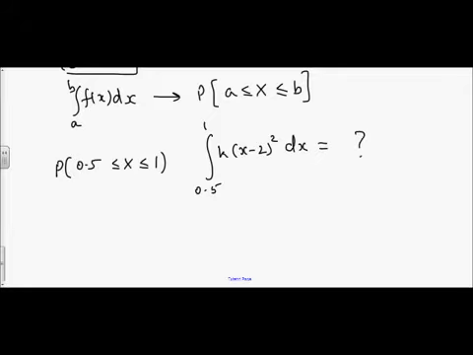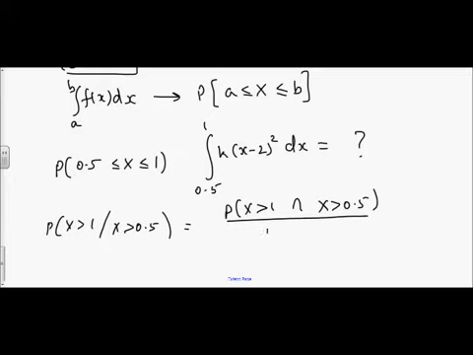If in case I have something like conditional probability here, what do you do? If you use your conditional probability definition, this is p of x greater than 1 intersection x greater than 0.5, divided by p of x greater than 0.5. It's the intersection of a and b divided by the probability of the condition.